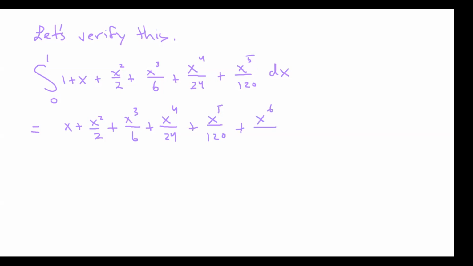Maybe you don't know that. You go to a calculator and you get 720. And we are evaluating this from 0 to 1. So when we plug in 1, we get 1 plus a half plus a 6th plus a 24th plus a 120th plus 1 over 720. And then when you plug in 0, you get this.